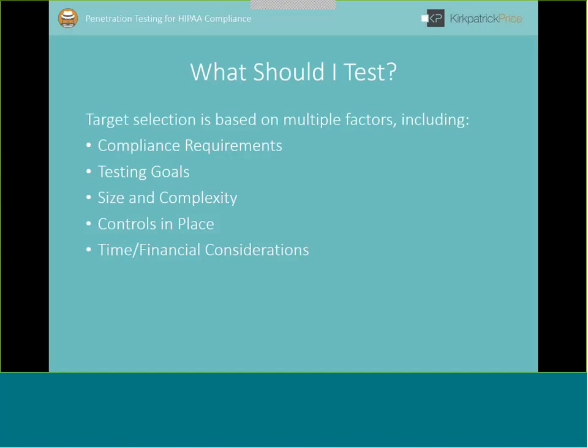But you should really have some goals in mind. So an example of that would be if, for example, you're a covered entity who has a business associate that has remote access to your environment, or maybe even you just have inside employees that have some sort of VPN or Citrix access to your environment, and you want to really understand what the security risks to that level of access are.